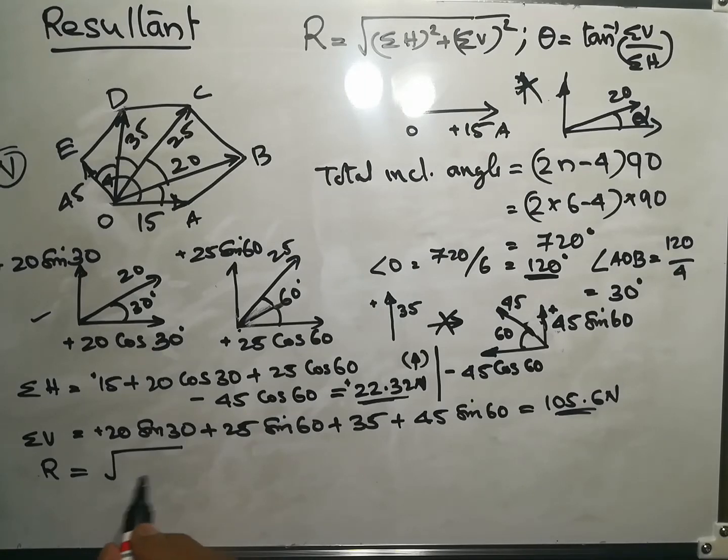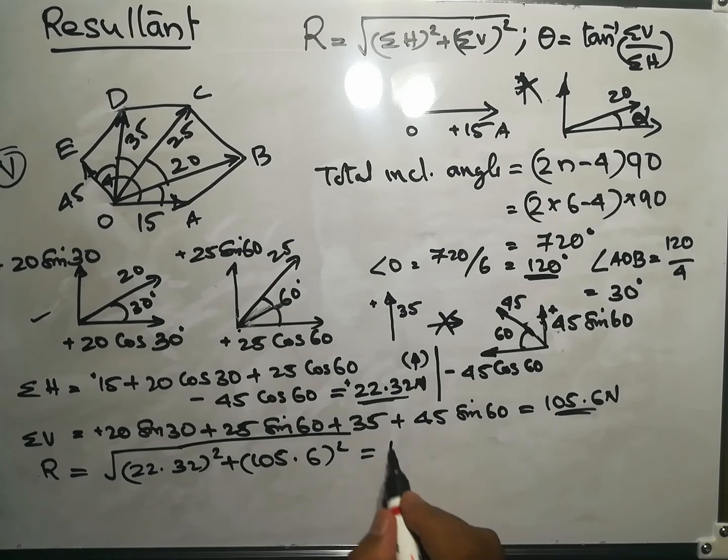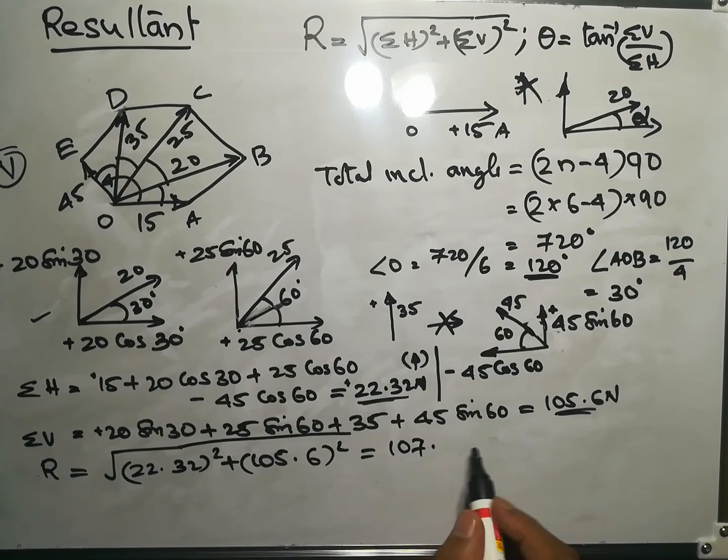We have 22.32 squared plus 105.6 squared, and this will give you a value of 107.95 Newton as the magnitude of the resultant.